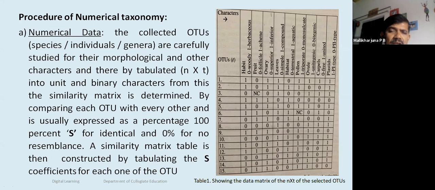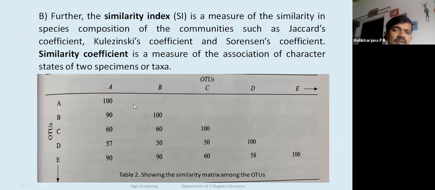All these are taken in the form of this tabulation. This is called a data matrix table, and this is further subjected to a similarity index in order to get a similarity coefficient.